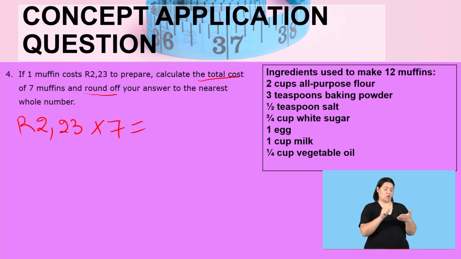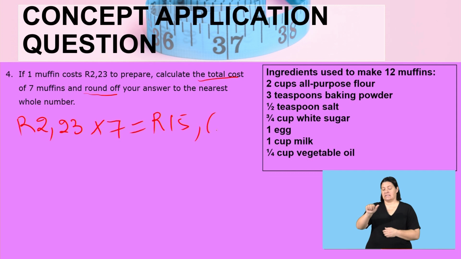Let us calculate together. It is going to be 2 Rand 23 multiplied by 7. The answer that I'm getting is 15 Rand 61. So to get your answer, you simply take 2 Rand 23, multiply by 7, and you get your answer. But now let us address the second question, which is to round off to the nearest whole number.